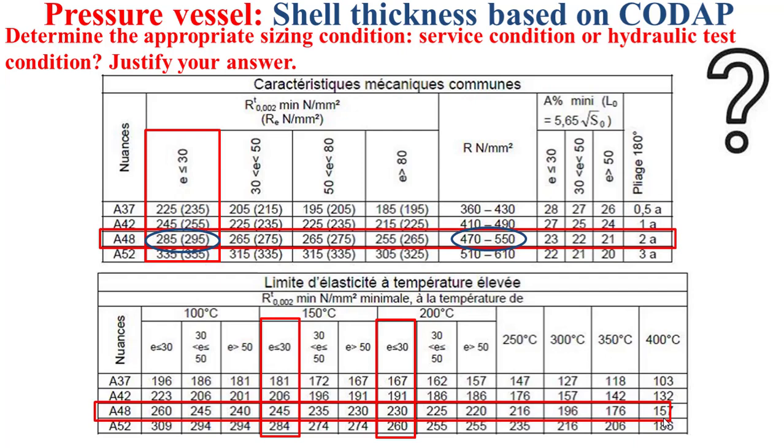At 150 degrees Celsius we have a yield strength around 245 megapascal, and at 200 degrees Celsius we have a yield strength around 230 megapascal. In order to obtain the yield strength at the service temperature of 170 degrees Celsius, which is between 150 and 200 degrees, we have to carry out a linear interpolation.